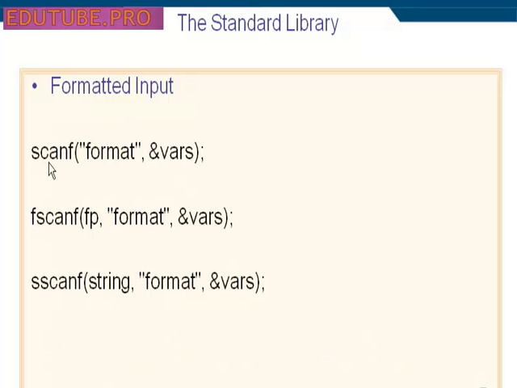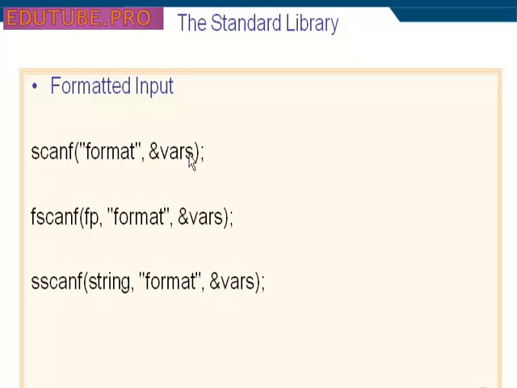Formatted input, we saw scanf, and scanf takes a format string, %s, %d, and so on, whatever it's going to be reading in from standard in, and it assigns the values it reads into these variables. Now, I put an ampersand here because these all have to be pointers.